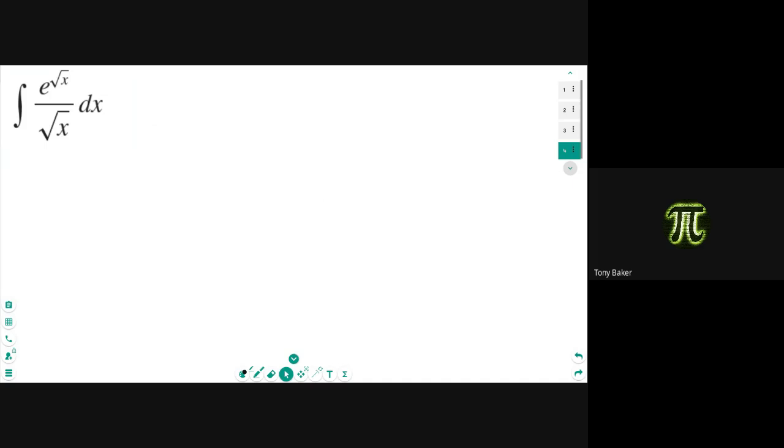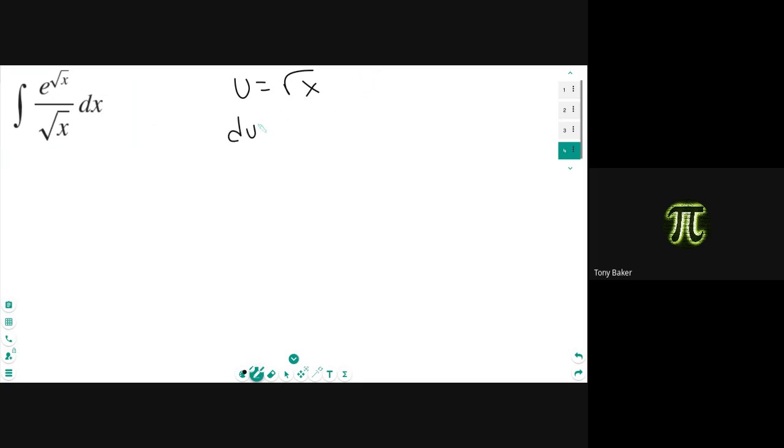This is a perfect example of getting ahead of yourself and thinking something is going to happen and then doing it and not following through the process. So U is the square root of X. Perfect.